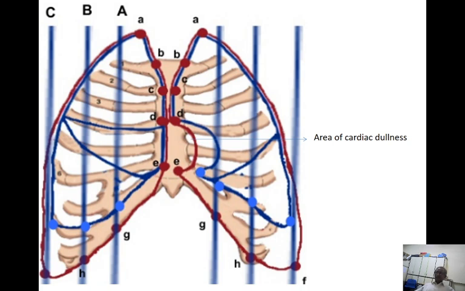The area between the right and left pleura exposes the pericardium to the lower 2 pieces of the sternum and the costal cartilages near them. This is the area of cardiac dullness. Here the pericardium is directly beneath the sternal pieces, and the right ventricle of the heart is in this area.